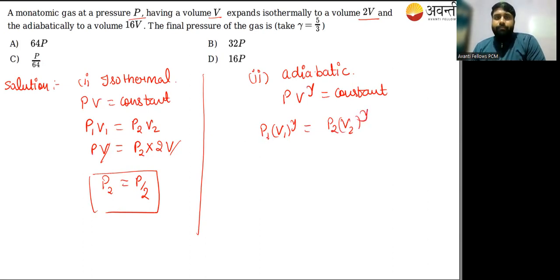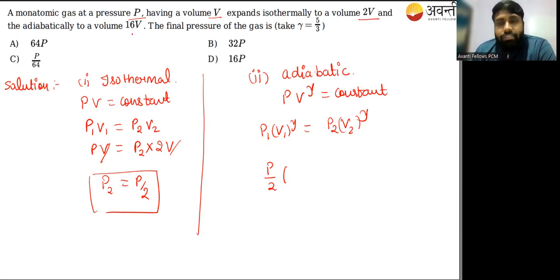Now here P1 is not taken as P because the pressure will be measured from P2. So P2 will act as P1 here. So put the value here, it will be P by 2. Volume V1 will be 2V here because volume has expanded to 2V in the isothermal process.